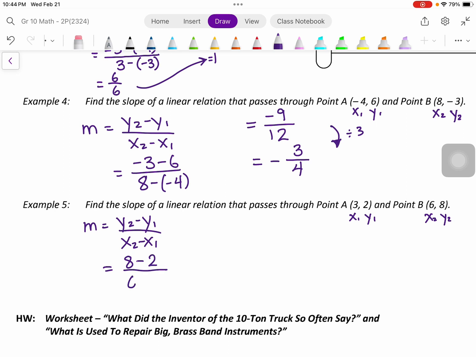My x2 is 6, and my x1 is 3. 8 minus 2 is 6, and 6 minus 3 is 3, and 6 divided by 3 is equal to 2. So my slope here is equal to positive 2 or 2.